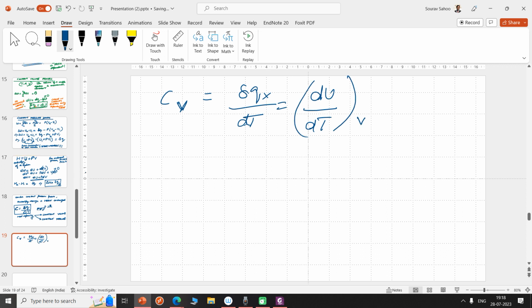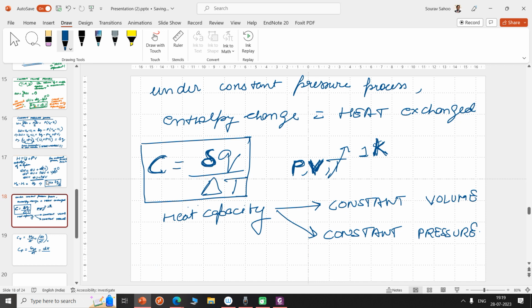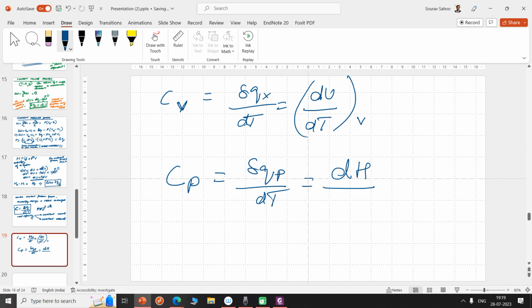And similarly, in specific heat at constant pressure, we'll have the enthalpy, right? Because in our calculations we have seen that under constant pressure delta Q is equal to delta H. So it is dH by dT at constant P.